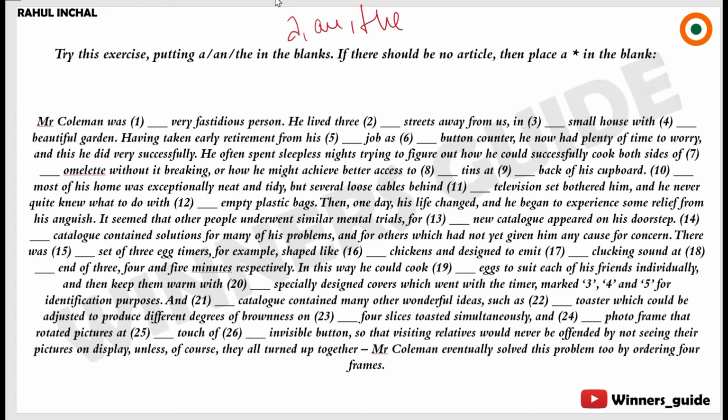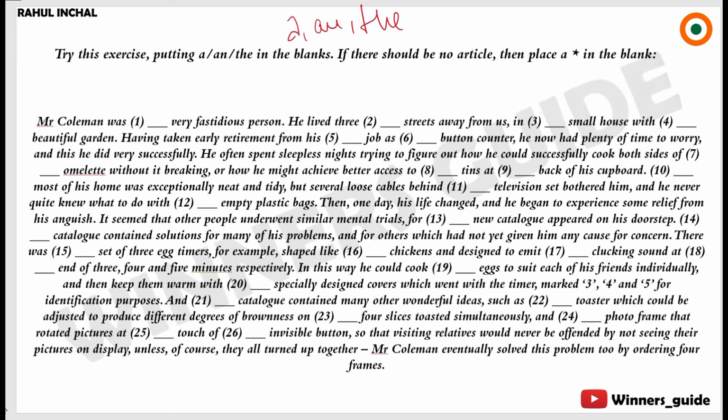So just for the sake of it, I have given an exercise. Okay, I want you to complete this exercise and comment below the answers. All right, now try this exercise putting a and the in the blanks. Okay, and I've also put some blanks where no article is used.